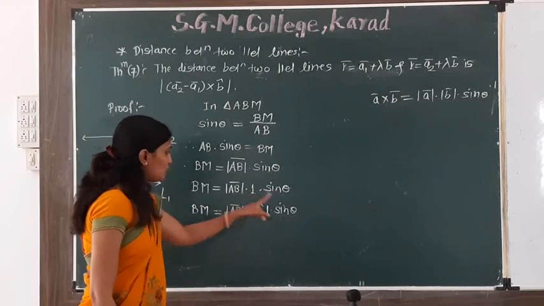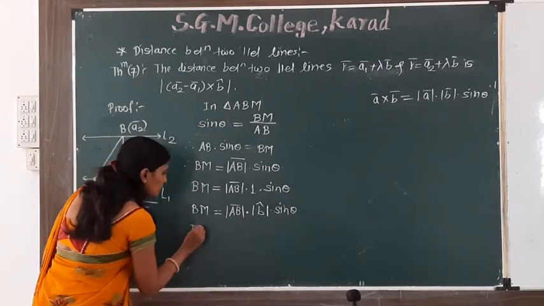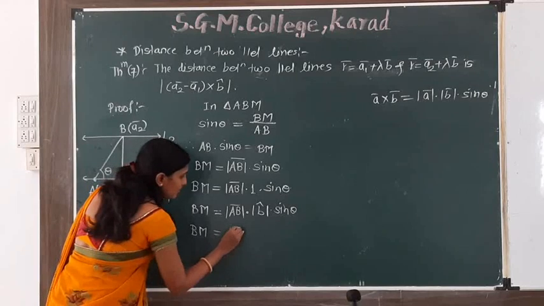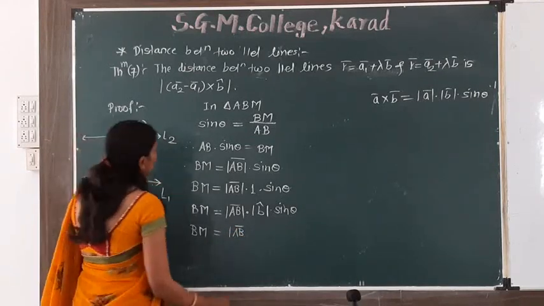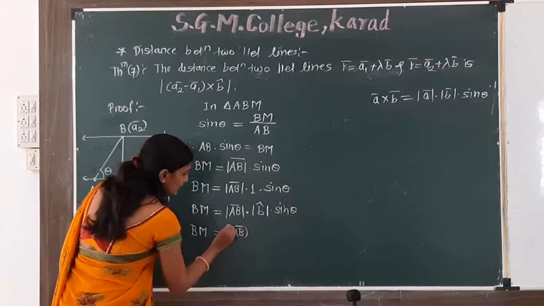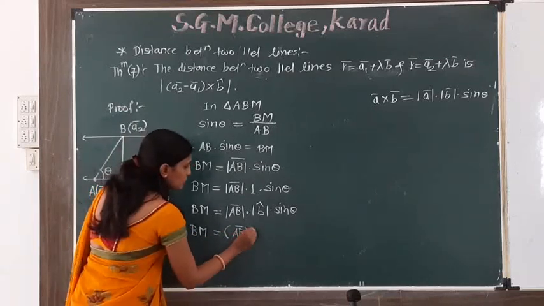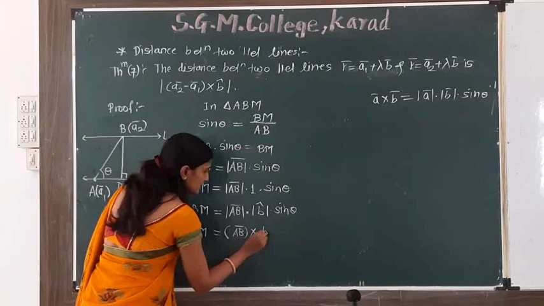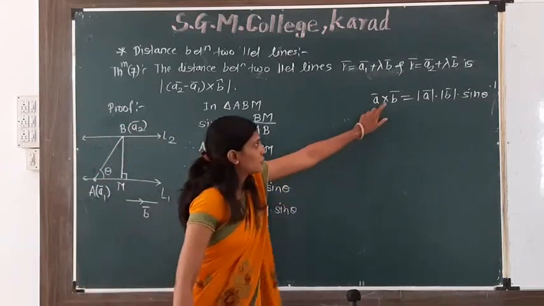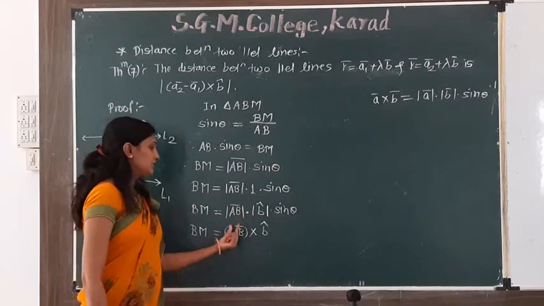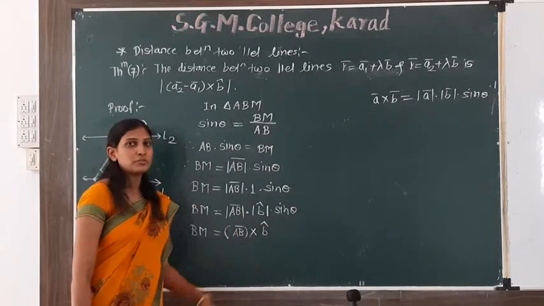So its value becomes BM is equal to the magnitude of AB bar cross B cap. From this, it is AB bar cross product B cap.